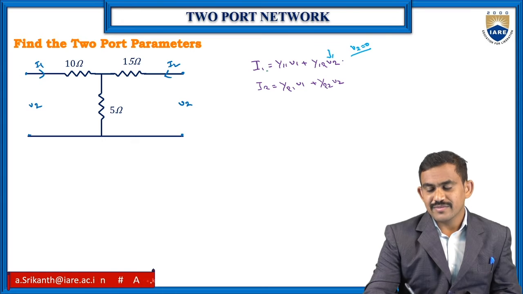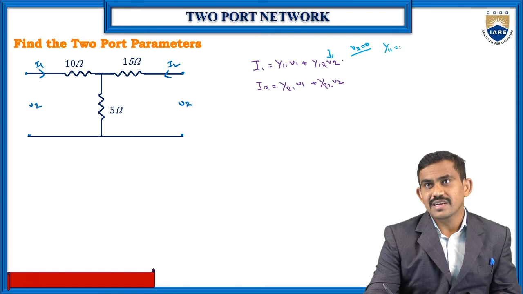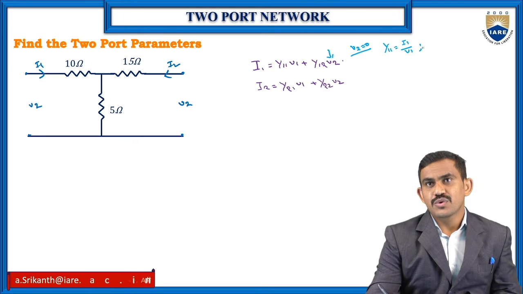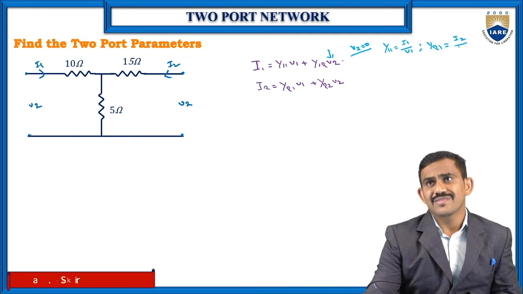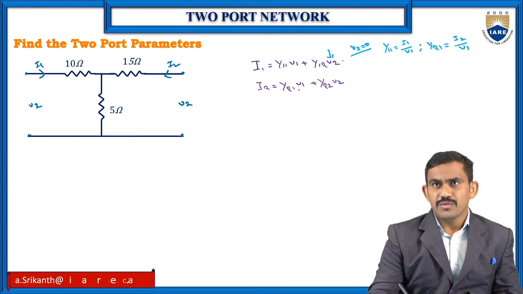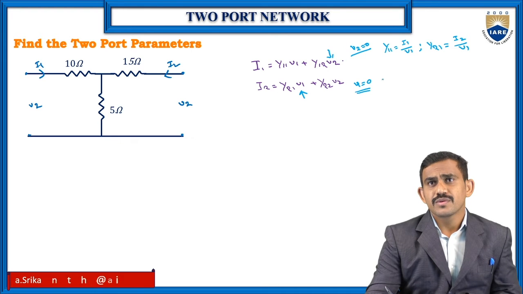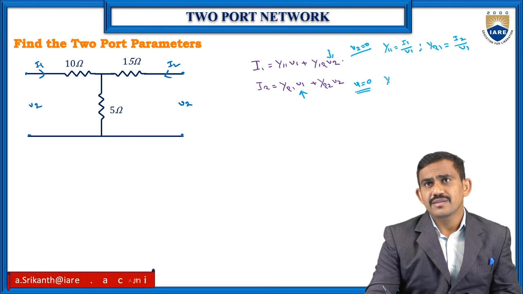Now I can find y11, that is I1 by V1, and I can find y21, that is I2 by V1. Now when V1 is 0, the primary side is short circuit, then I can find y12, I1 by V2, and y22, that is I2 by V2.